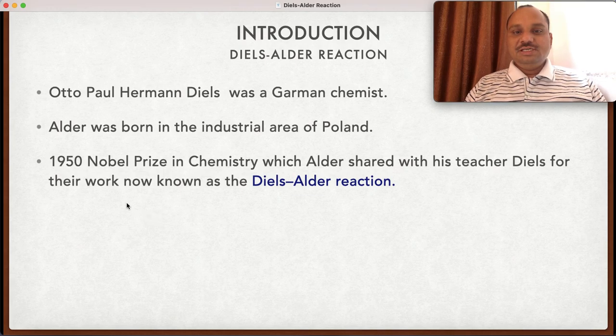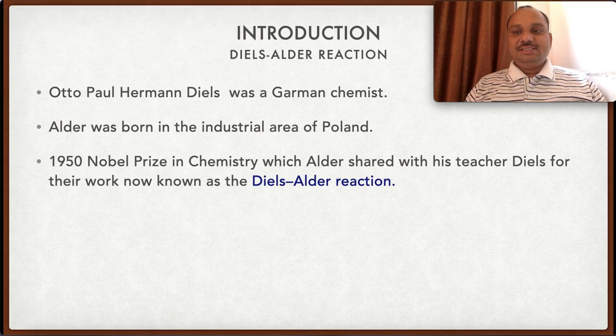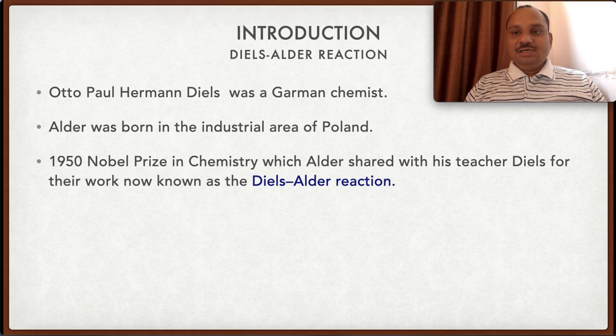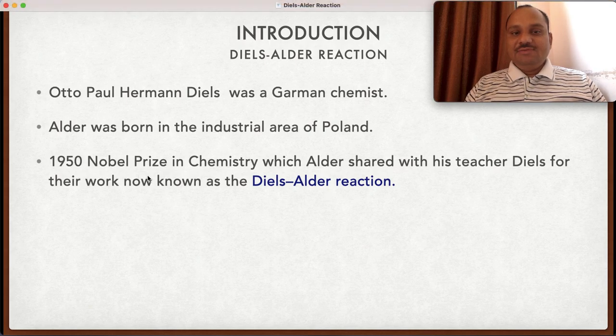Now this work is known as the Diels Alder reaction. It is one of the very important organic reactions, named after the scientists Diels and Alder. For his work, both scientists got the Nobel Prize in Chemistry.